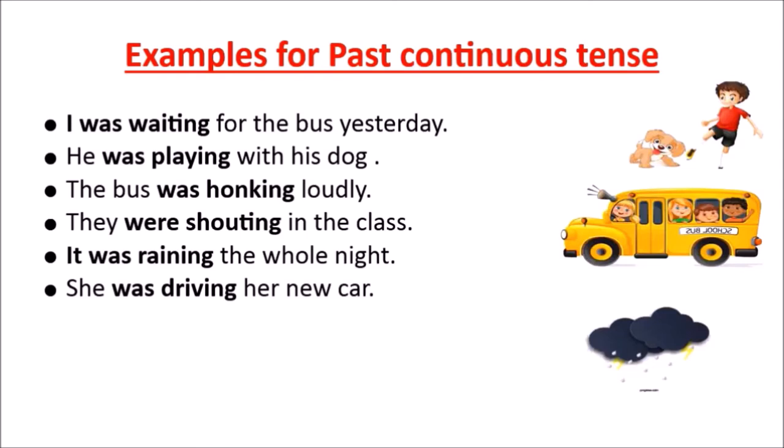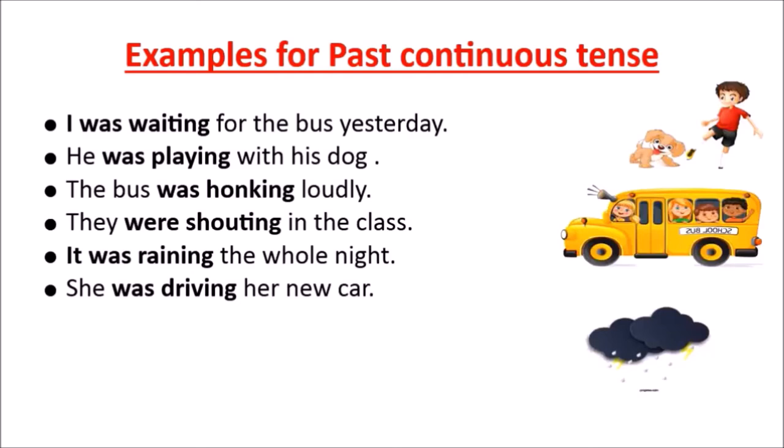That's why we are using were shouting. Okay, look at the next example. It was raining the whole night. So it was raining the whole night in the sense that for a period of time in the past, it was raining continuously. That's why we are using it was raining the whole night.